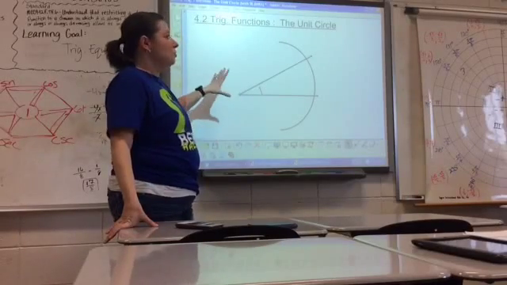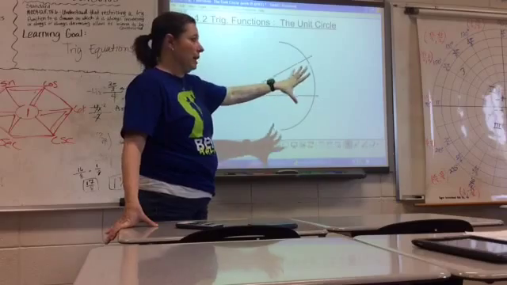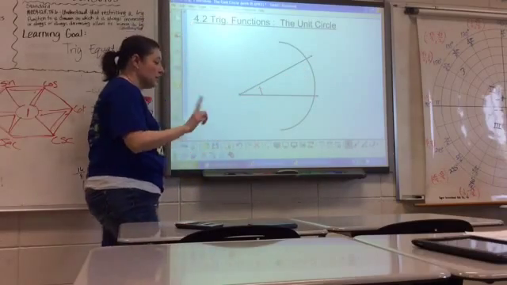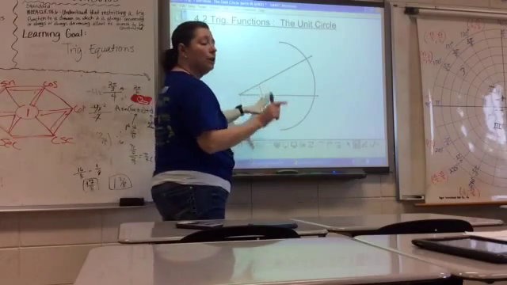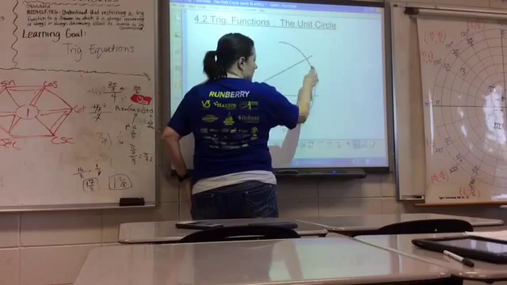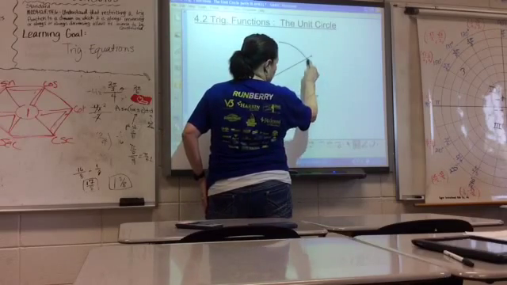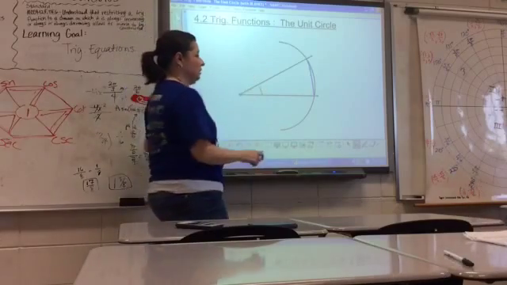All right, so today I'm going to tell you why we've been learning about moving around the circle, and now we've got our ordered pairs so we can use them. For every angle on the circle, they pretended it was a right triangle.